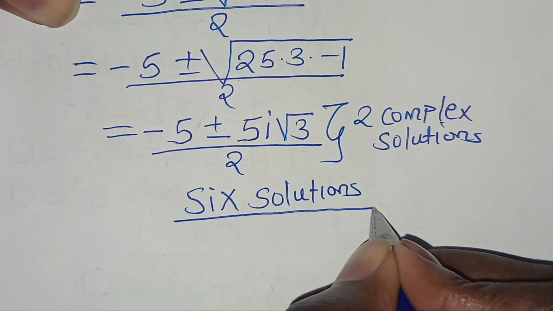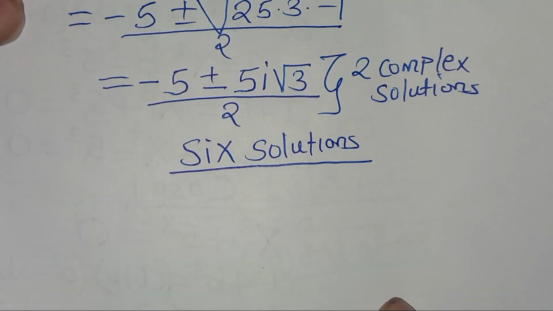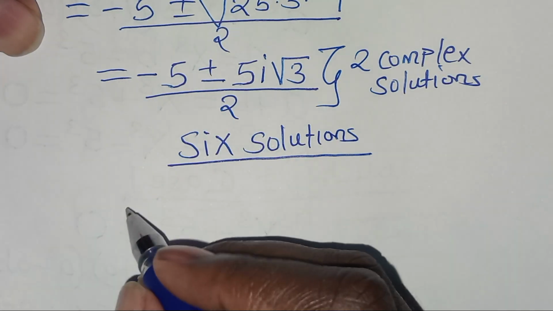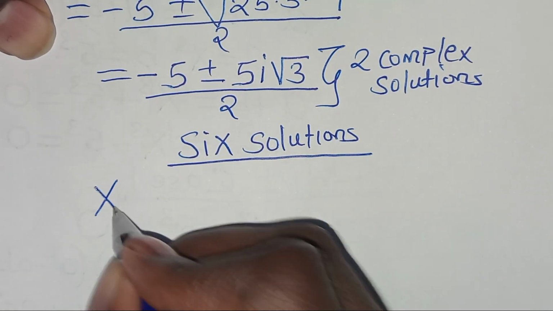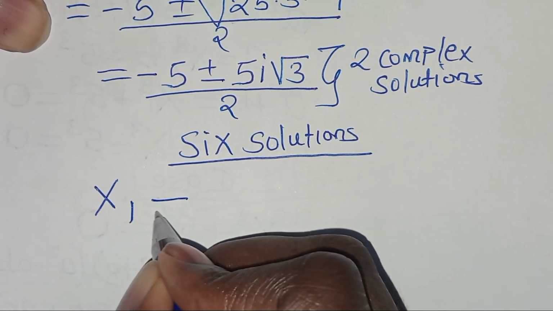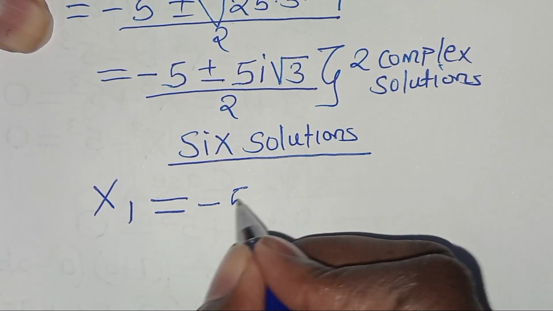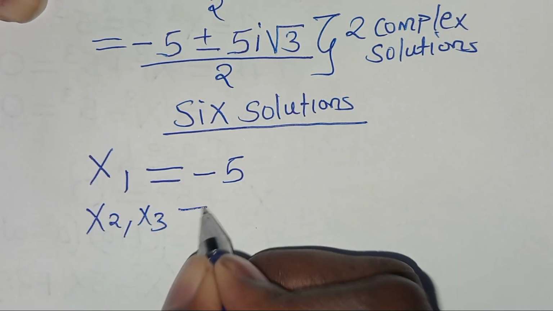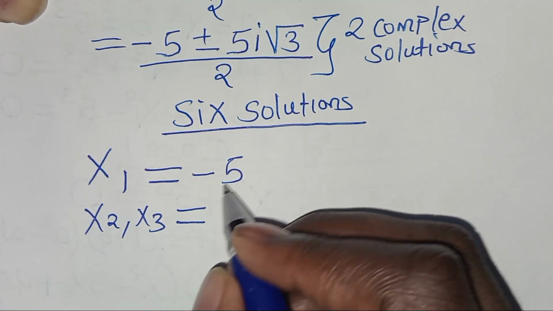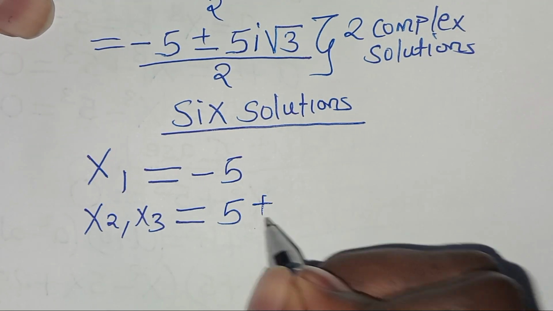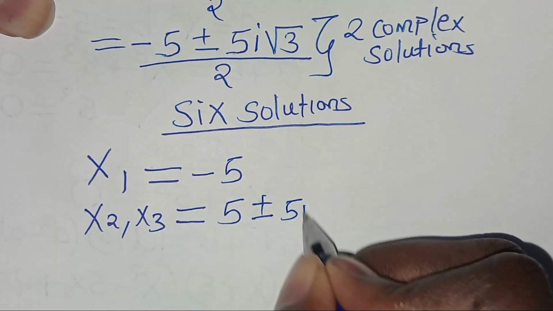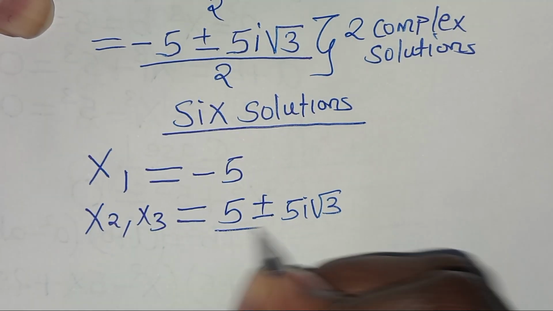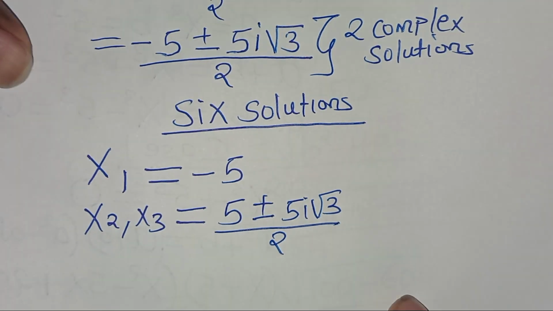From here we have that x1 is equal to minus 5, x2, x3 is equal to 5 plus or minus 5i square root of 3, everything divided by 2.